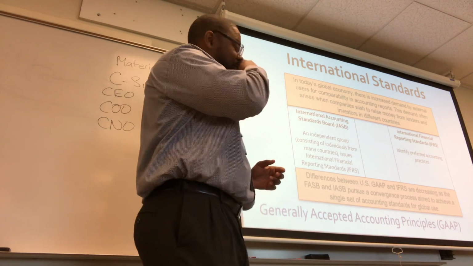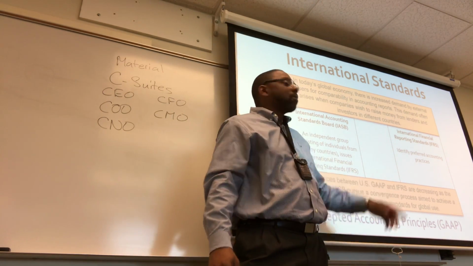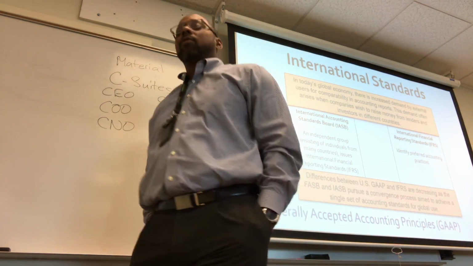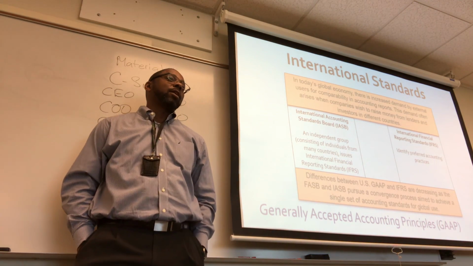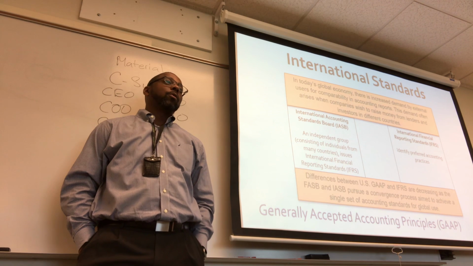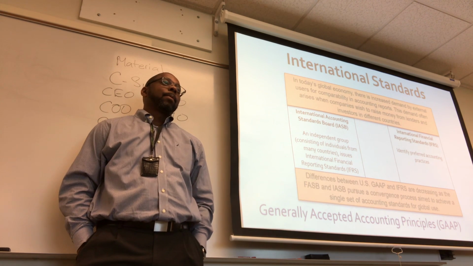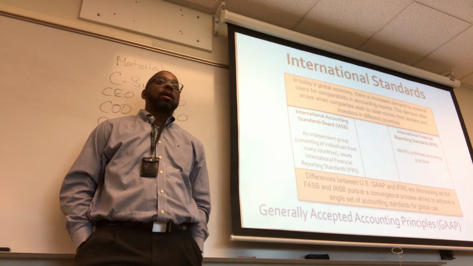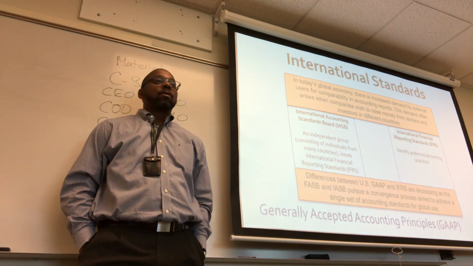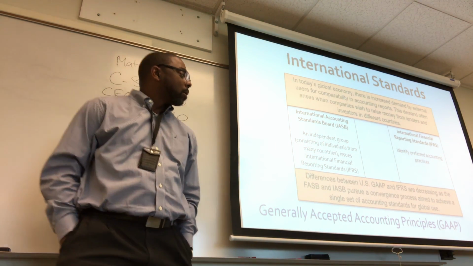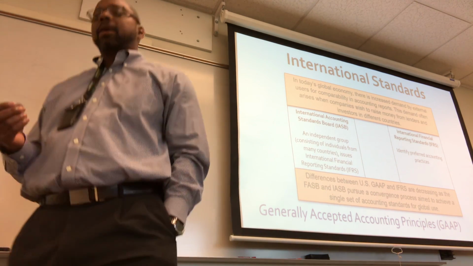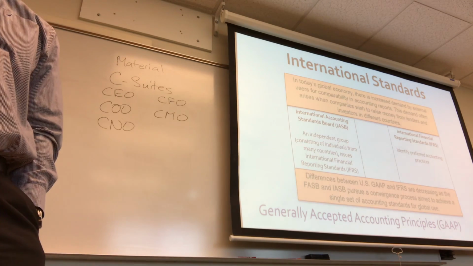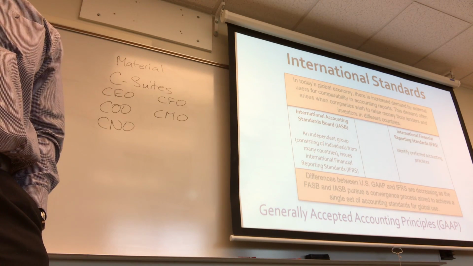However, we tried what's called convergence, which is to create one set of financial standards for both U.S. and international. It has not worked out. So we have kind of stalled in the convergence model. So there are a lot of similarities, but we are not at the point where they're exactly the same.